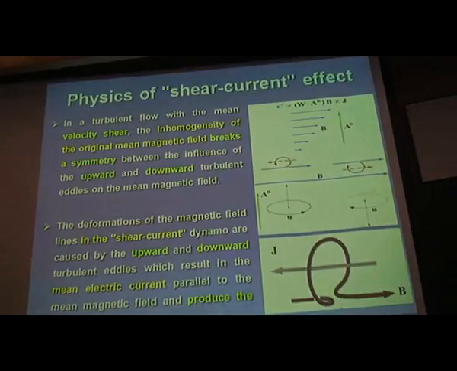How does this effect work? The deformation of the original magnetic field lines is caused by the upward and downward turbulent eddies. Since the original magnetic field is non-uniform, it breaks the symmetry between the action of upward and downward turbulent eddies, so the total effect of deformation is non-zero, and it can produce electric current along the mean magnetic field.